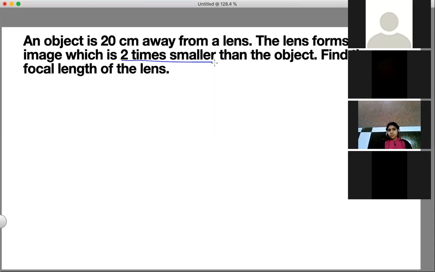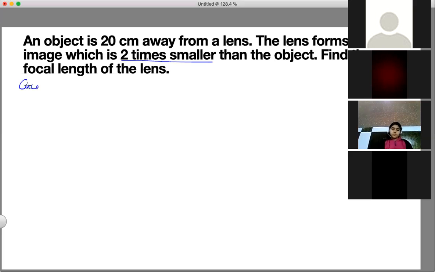If we were told it is real, then we would have known it's the convex lens. If it was told it is virtual, diminished and virtual, केवल concave बनाते हैं, real बनाते हैं, virtual and magnified, sorry, convex बनाते हैं, virtual and magnified, concave बनाते हैं, virtual and diminished. तो लेकिन हमें वो इंफॉर्मेशन नहीं है, हमें केवल ये पता है डिमिनिश्ड इमेज है, डिमिनिश्ड इमेज दोनों बनाते हैं. तो इस वजह से हमें दोनों केस लेके ये क्वेश्चन करना पड़ेगा.